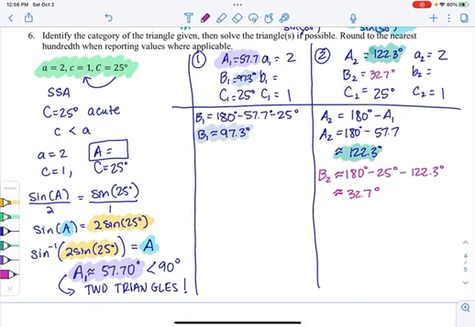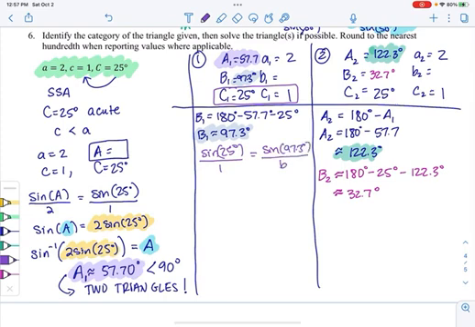And the last thing we need to solve for are our little b's, and we can do so with law of sines. So let's solve for little b1 to start with. I'm given this pair. Let's use the pair that I am actually given from the start, so less chance for error. Sine of 25 degrees all over 1 is equal to sine of 97.3 degrees all over b sub 1.